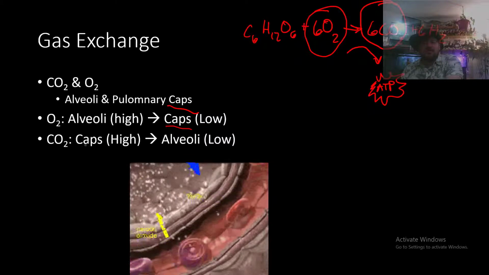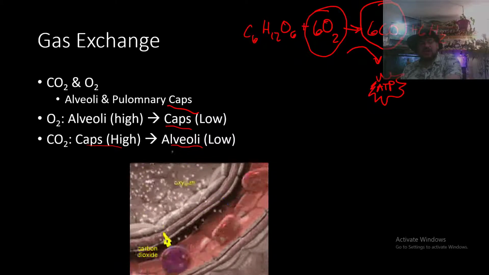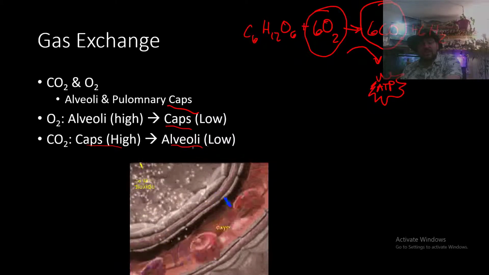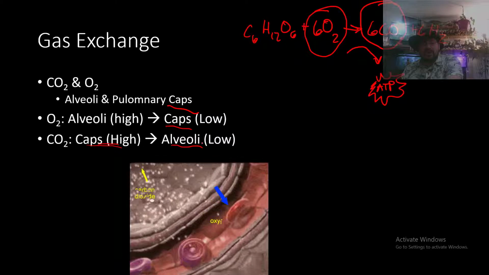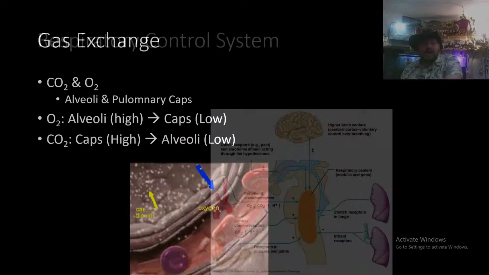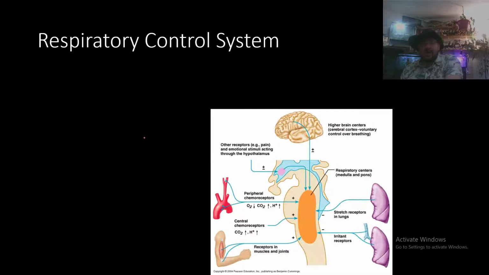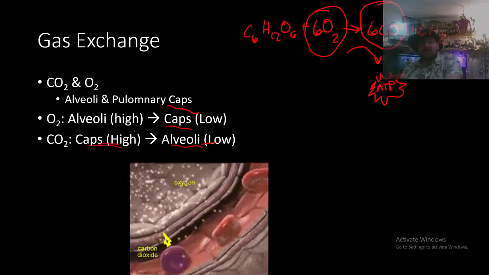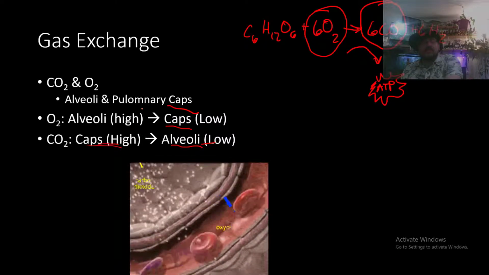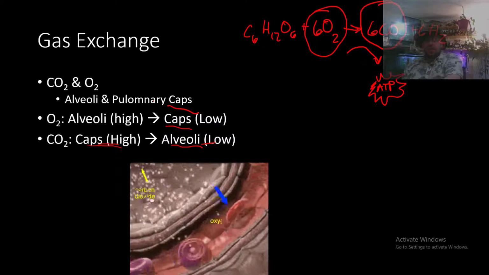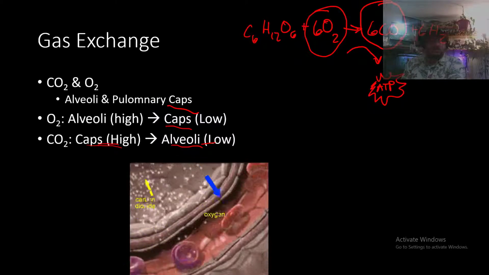Because the CO2 in the capillaries is high and the concentration of CO2 in the air in the alveoli is low, it goes from the capillaries to the alveoli. This is not rocket surgery, and it's also very cool that this functions so effectively while being so damn simple.